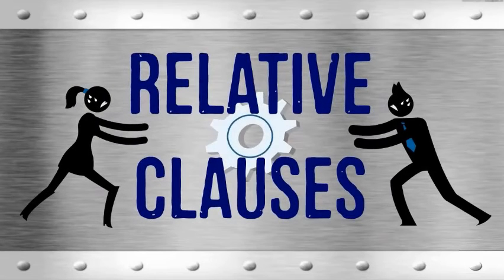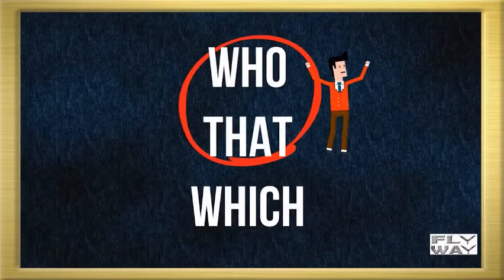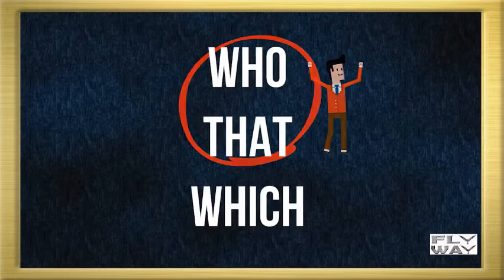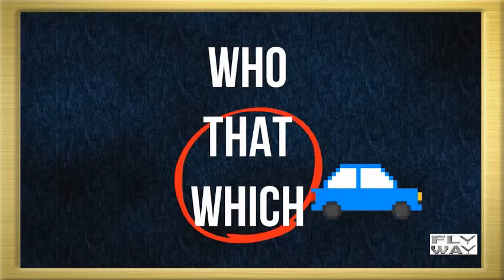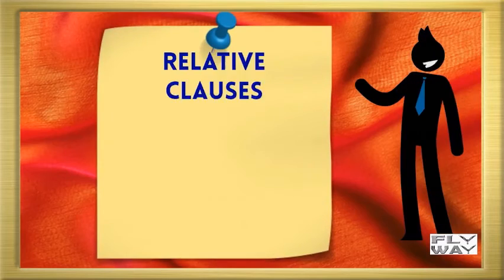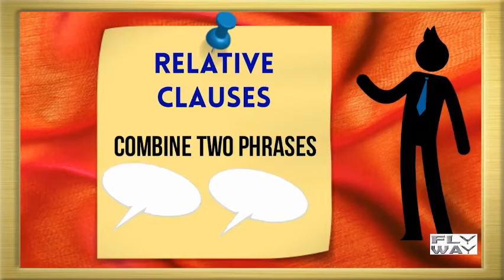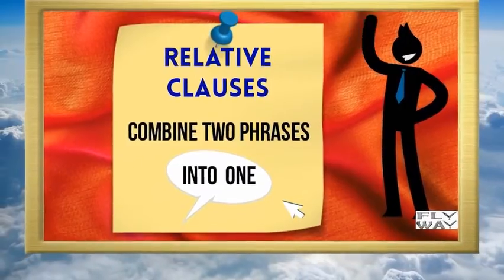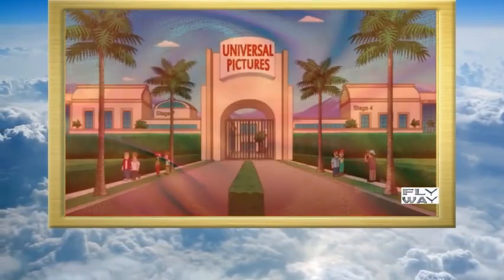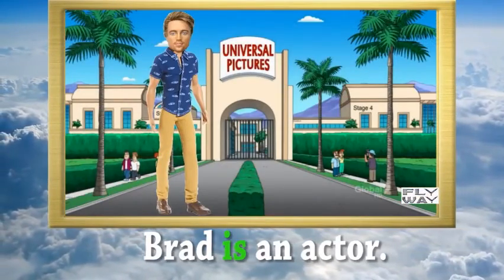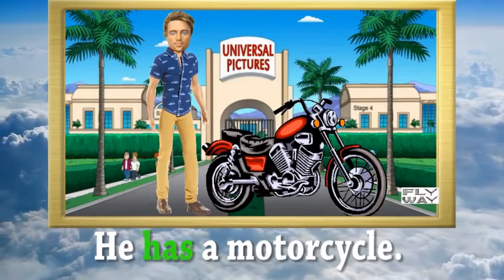Relative clauses. Who and that for people. That or which for objects. Relative clauses combine two phrases into one. Brad is an actor. He has a motorcycle.